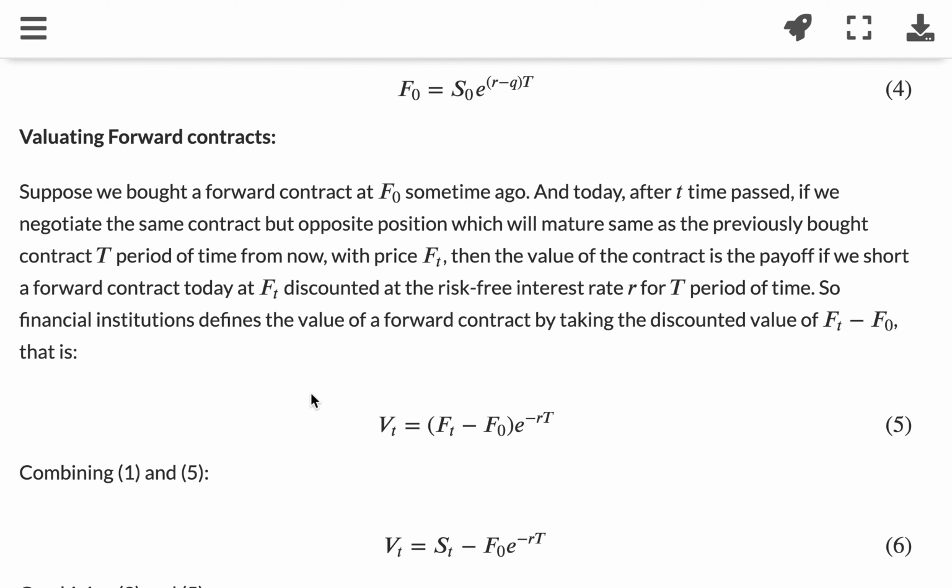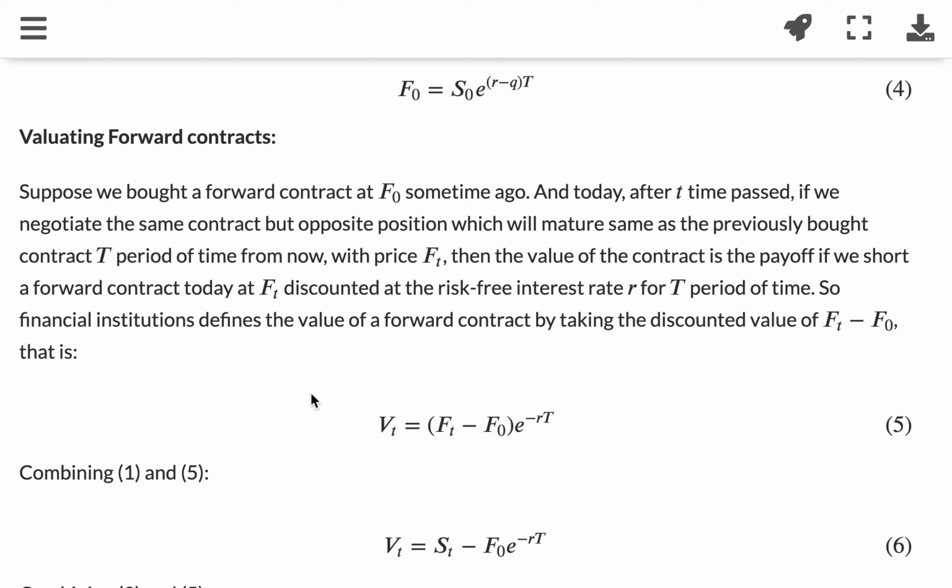Suppose we bought a forward contract at F0 some time ago, and today is small t time passed from time 0. If we negotiate the same contract with the opposite position, which will mature at the same time as the previously bought contract, with price Ft, then the value of the contract is the payoff if we sell the forward contract today at Ft, discounted at the risk-free interest rate r for the remaining period of time.